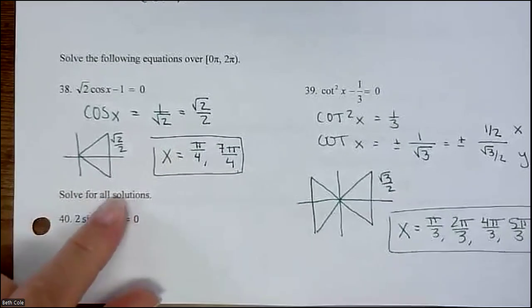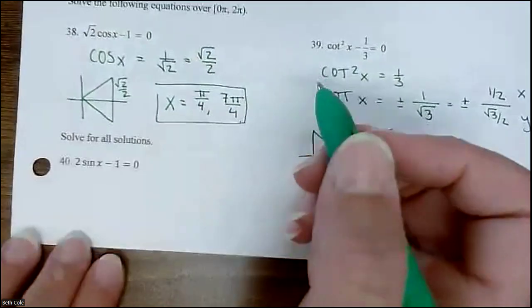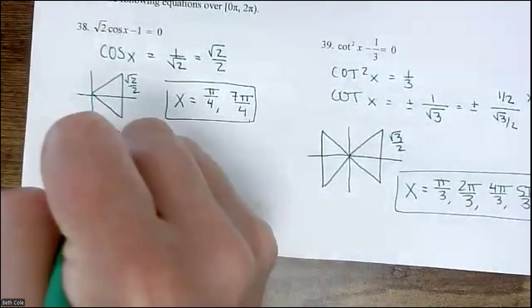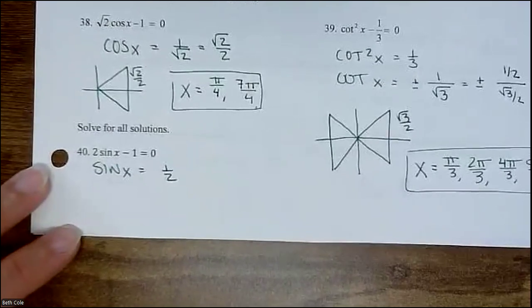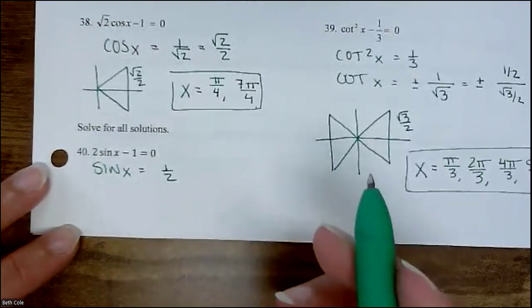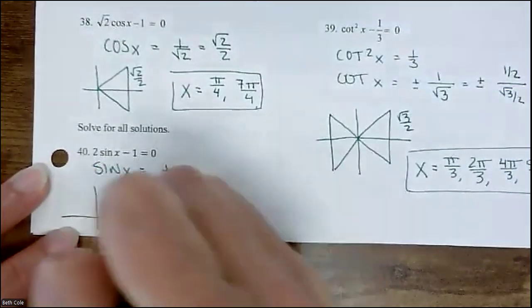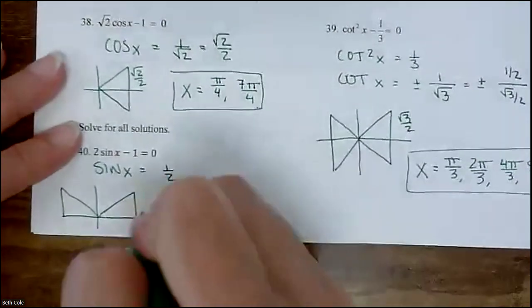Now this one is solved for all solutions, so you're going to have the plus something n, okay? We're going to add 1, so it'll be positive, divide by 2. So I need quadrants where sine is positive. Sine's the y value, so you're going to go up. So it'll be, yeah, like kitty cat ears, 1 and 2.